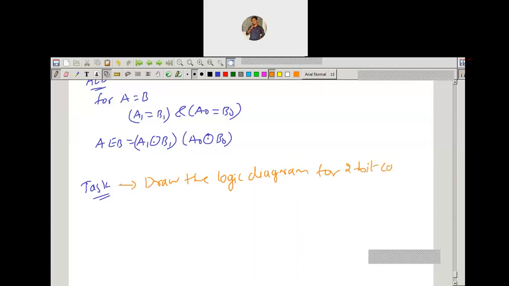You can observe these expressions for A more than B, A less than B, A equal to B. So by that Boolean logic, you can draw the logic diagram for the 2-bit comparator. Okay. So everybody has to do this. I want everyone to do this.